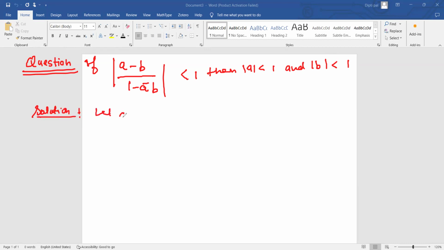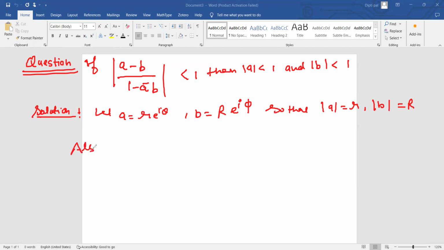Let a equal to r e to the power i theta and b equal to capital R e to the power i phi. Show that modulus of a is r and modulus of b is capital R. Also show that modulus of (a minus b) upon (1 minus a bar b) is less than 1.